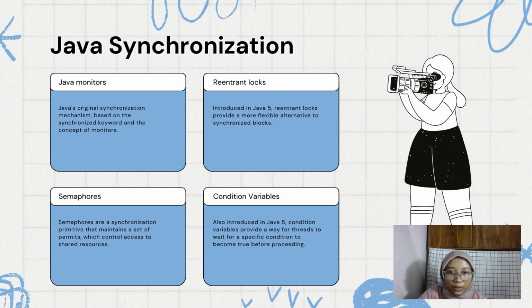Semaphores are a synchronization primitive that maintains a set of permits which control access to a shared resource. Condition variables, also introduced in Java 5, provide a way for threads to wait for a specific condition to become true before proceeding.